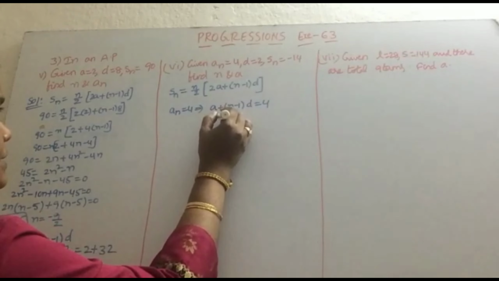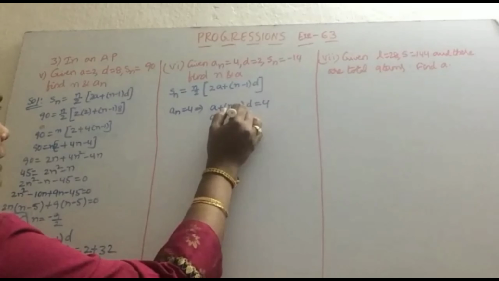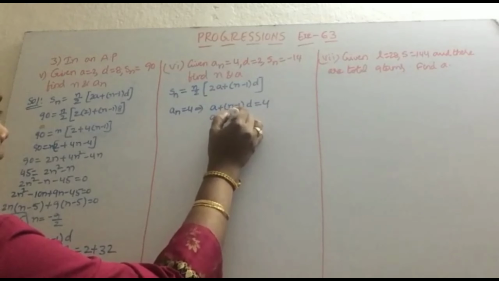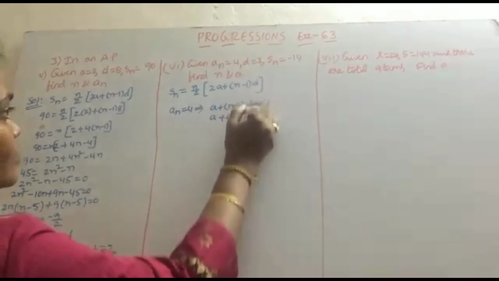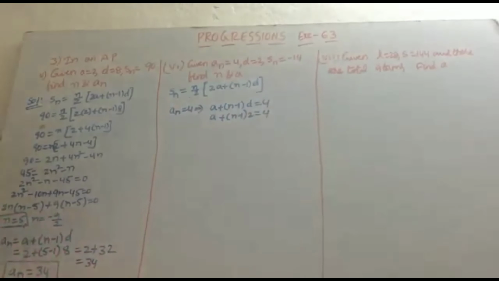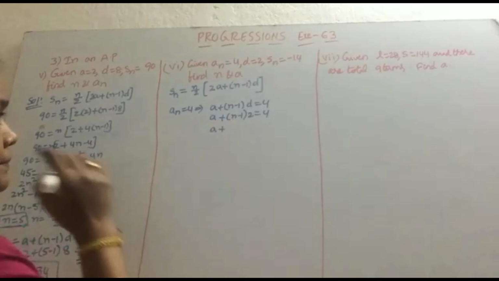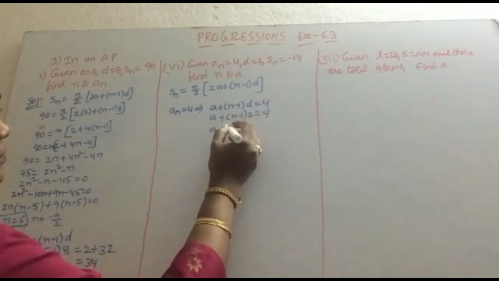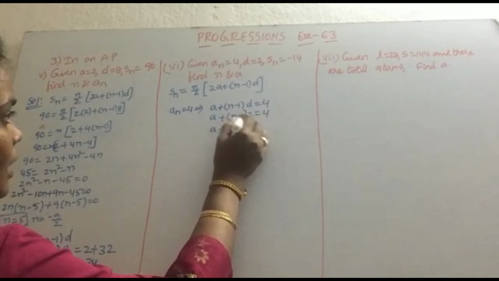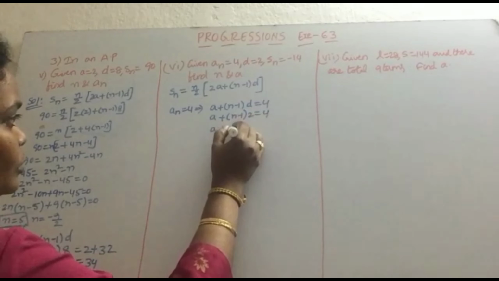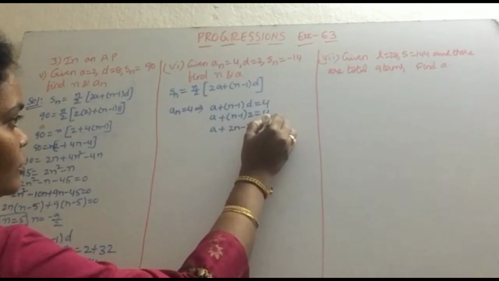So a plus (n minus 1) into 2 is equal to 4. So a plus 2n minus 2 is equal to 4.